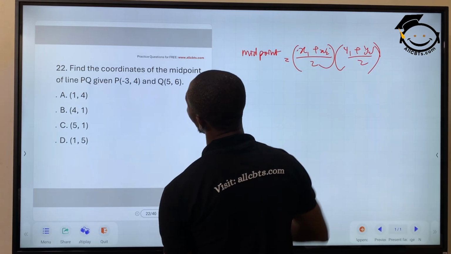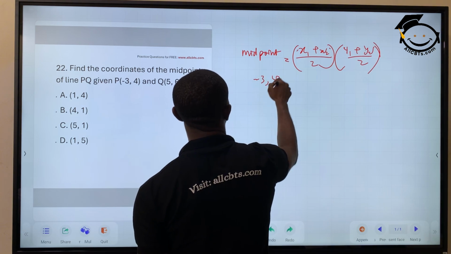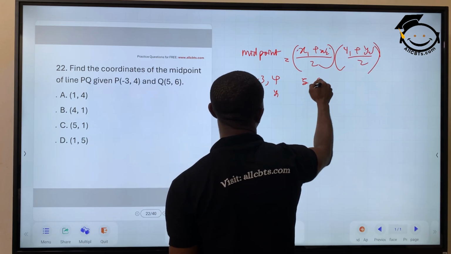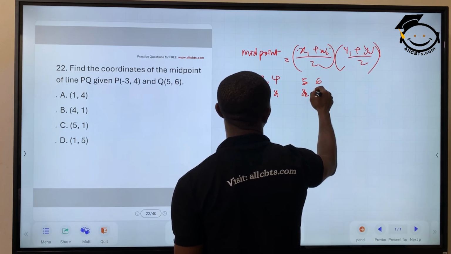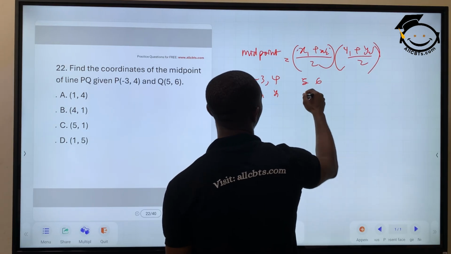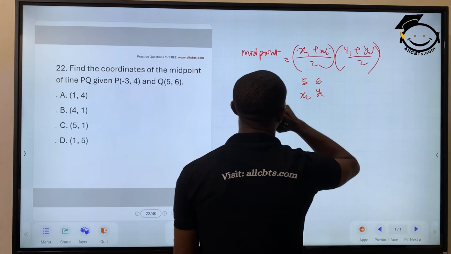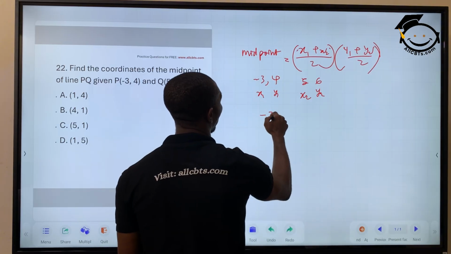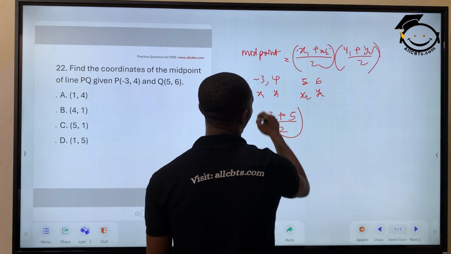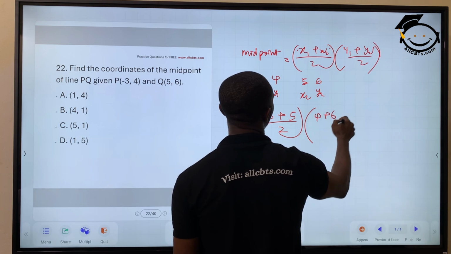So here, minus 3 and 4 is x1, y1, and 5 and 6 is x2, y2. So inputting into this formula, x will be minus 3 plus 5 all over 2, and y will be 4 plus 6 all over 2.